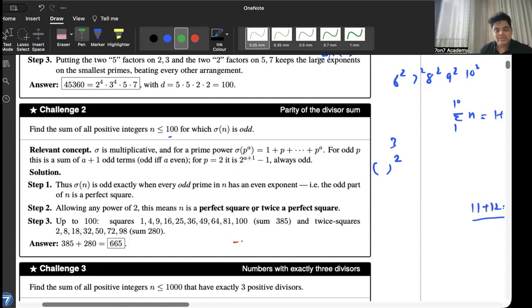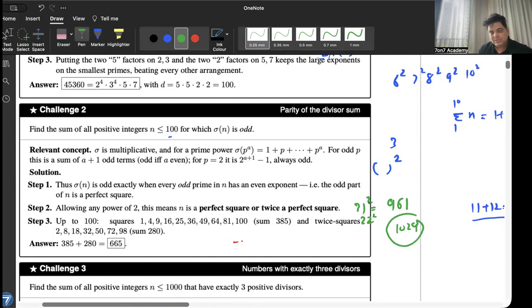So all the square numbers have exactly three divisors. How many square numbers less than a thousand are there? I know 31 square is 961, but 32 square is 1024, so more than 1000.